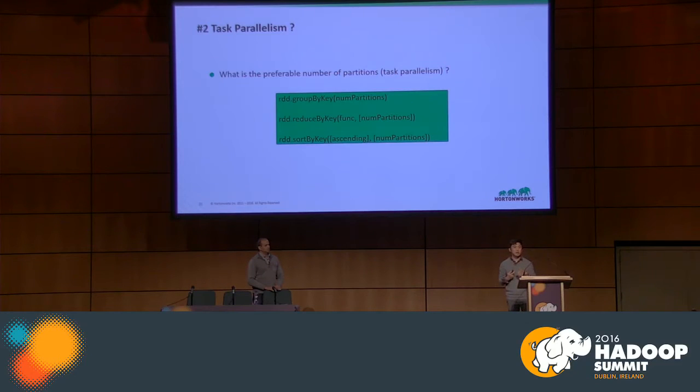And in the Spark area, we also have the same concept. When we are writing a Spark application which involves shuffle, like group by key or reduce by key and sort by key, these RDD operators which involve shuffle, for these operators, you have to specify the number of tasks. So what is the preferable number of tasks? That will be another choice.